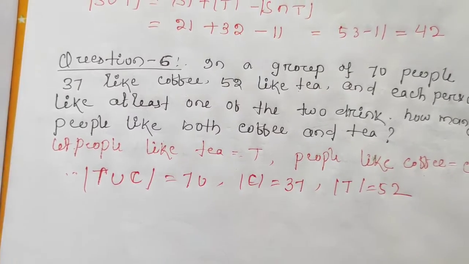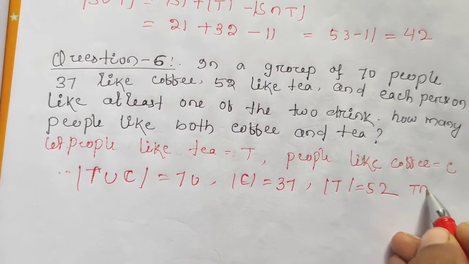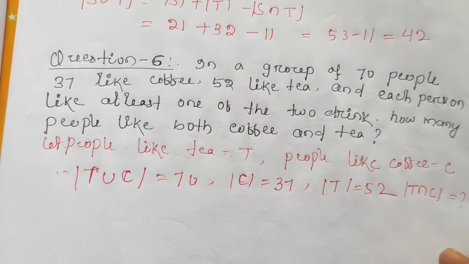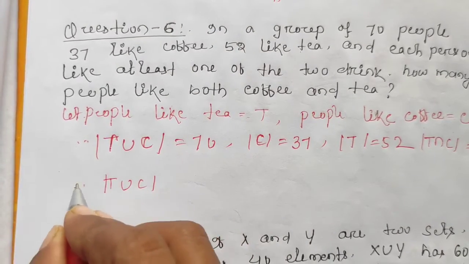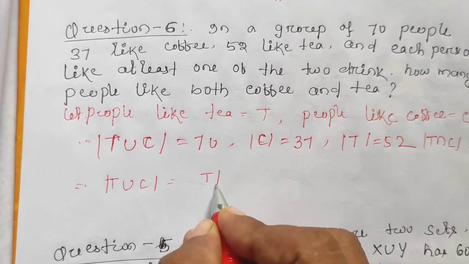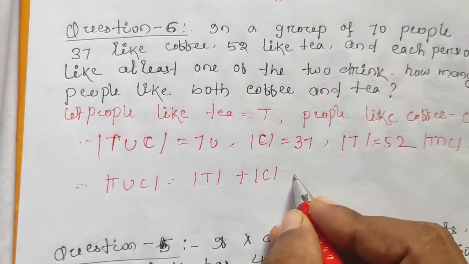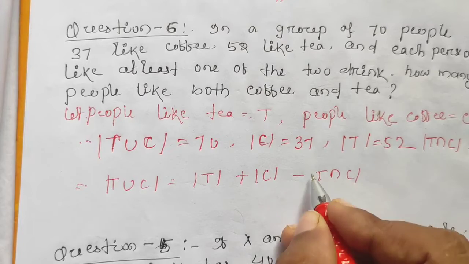How many people like both tea and coffee? Both, T intersection C, the mod is equal to this. We know that T union C the mod is equal to T the mod plus C the mod minus T intersection C the mod.